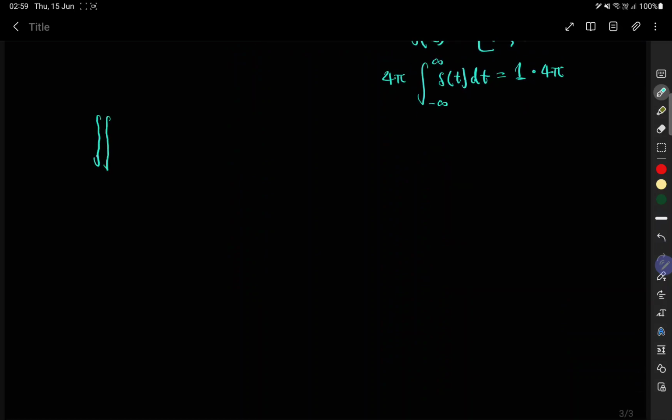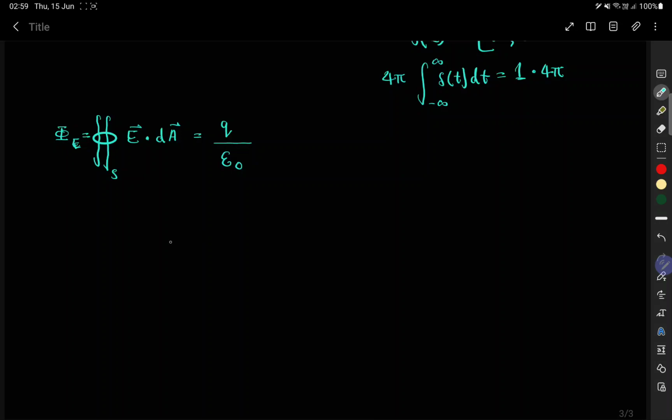That is, phi of E, the electric flux for a closed surface S, should be the charges enclosed by that surface divided by epsilon naught, where epsilon naught is the permittivity of free space.